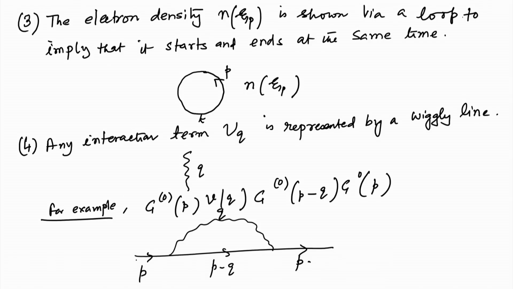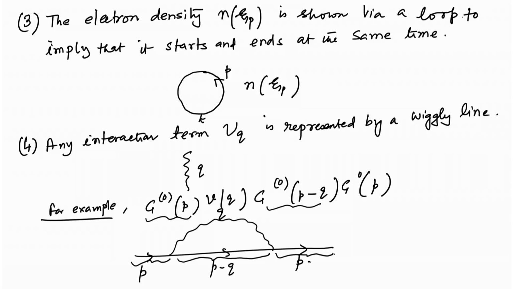Then, the leftmost side is the propagator here, the V q is the wiggly line, and p minus q is the propagator here, and then there is a propagator there.